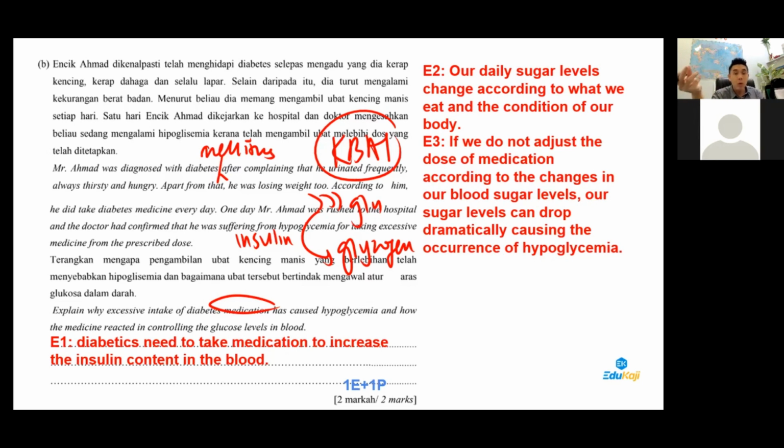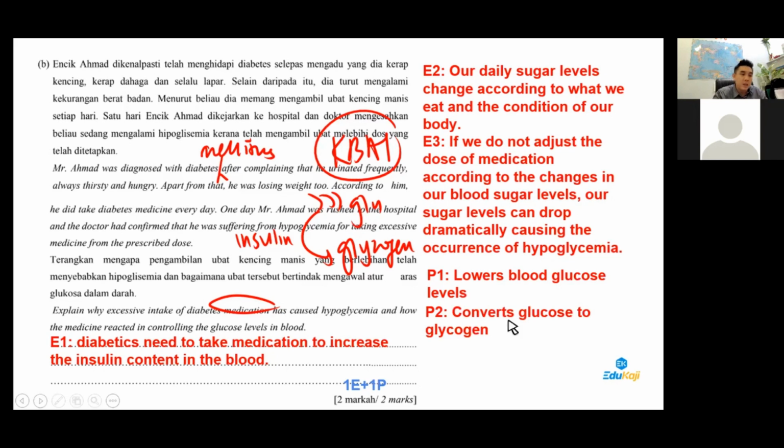Because if you eat more, there will be more glucose in your body, so you need a bit more insulin. If you don't eat that much but you take a lot of medication, it will greatly lower your blood glucose level. Why? Because of converting excessive glucose to glycogen.